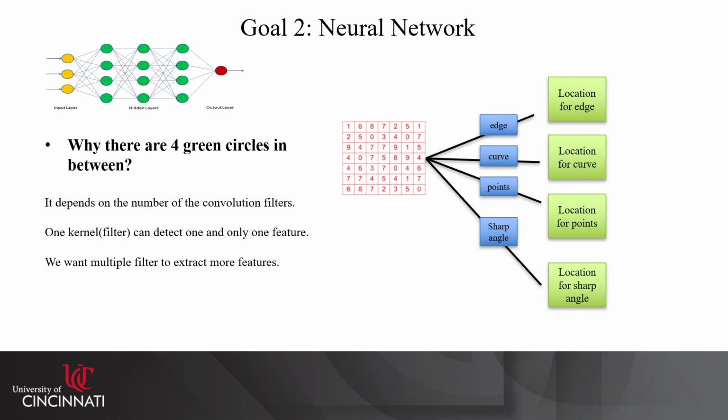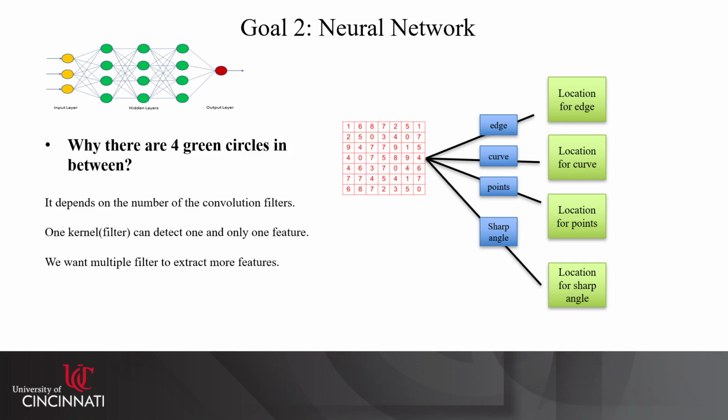Now, why are there green circles? Why are there four green circles? Why not three? Why not five? Why not 128? So here comes another important concept that I want you guys to know. Remember, we went over the convolution filter, or kernel, as interchangeable words, previously in the edge detection part.